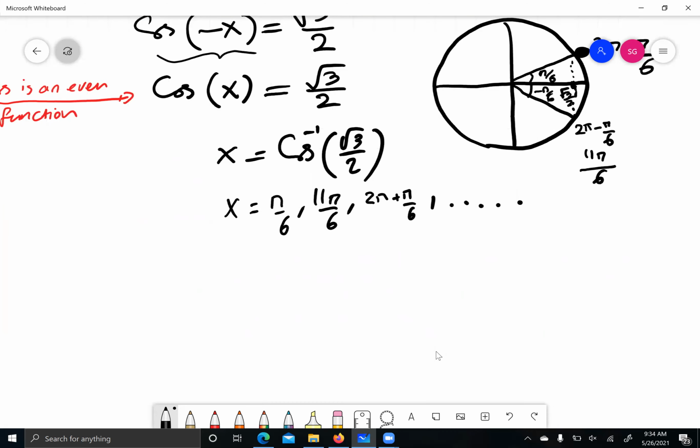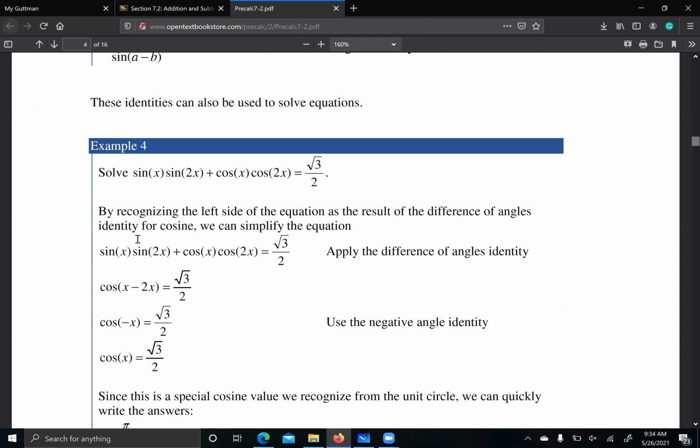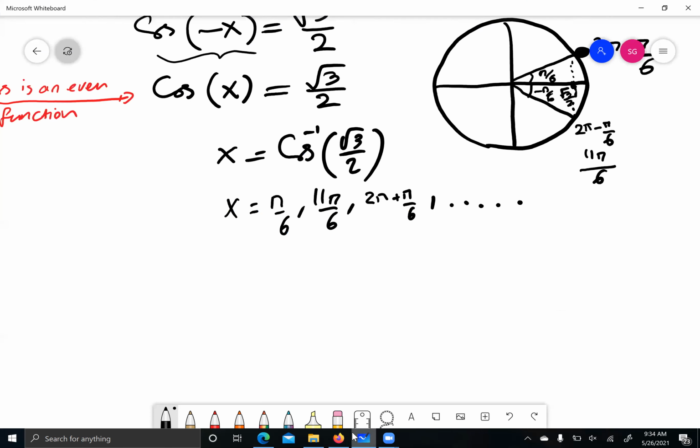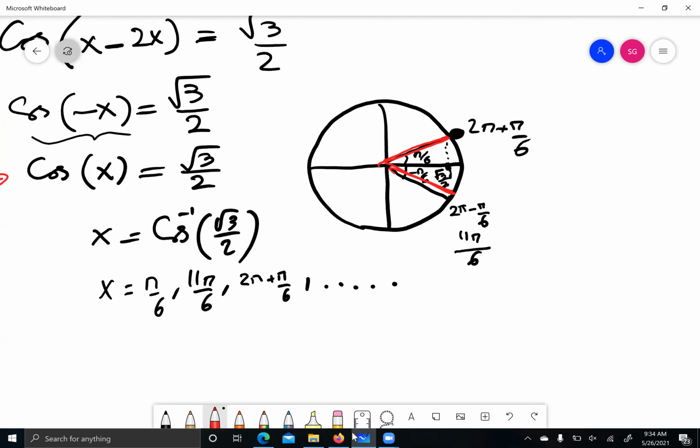If you want the general format, it's going to be 2k pi plus pi over 6. The solution is all of these angles. If you don't restrict that, it's going to be in any rotation.